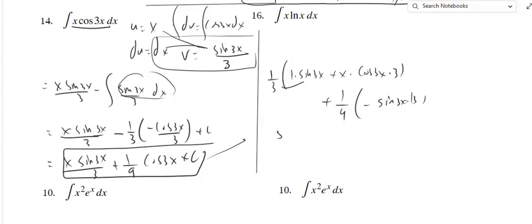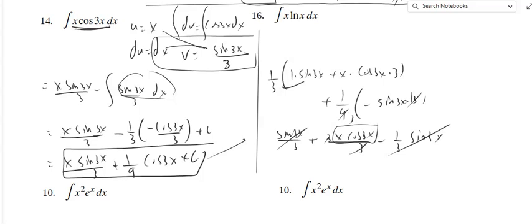So that is sine of 3x over 3 plus 3x cosine of 3x over 3 minus 1/3 the sine of 3x, and I'm left with x cosine of 3x.